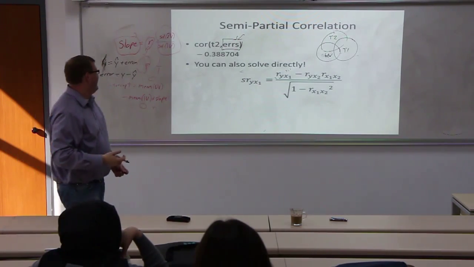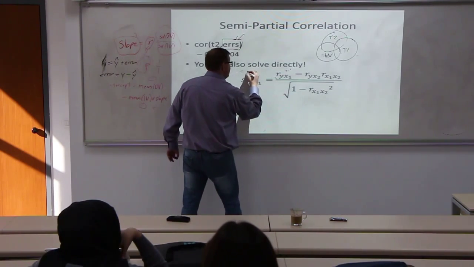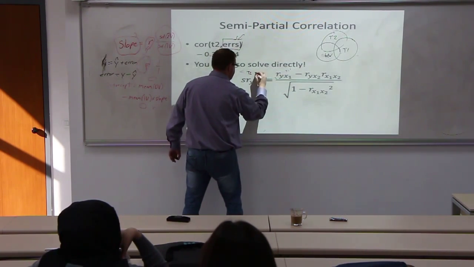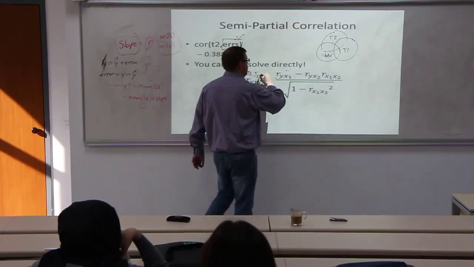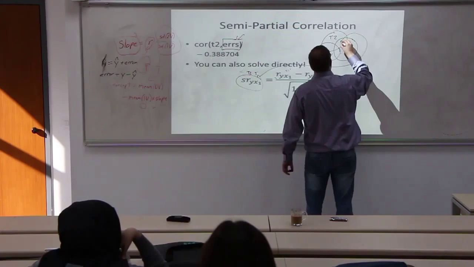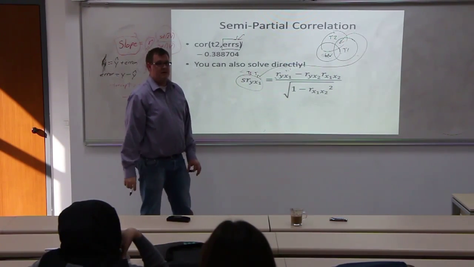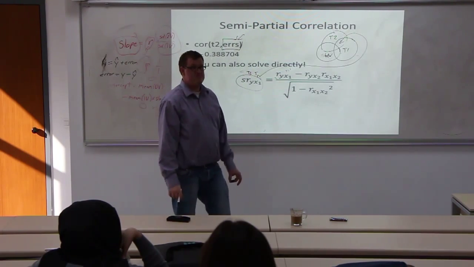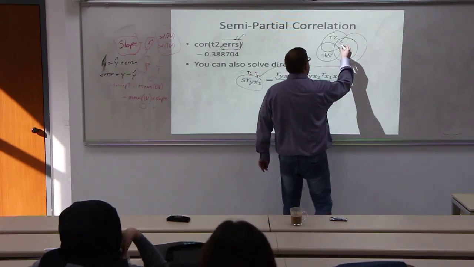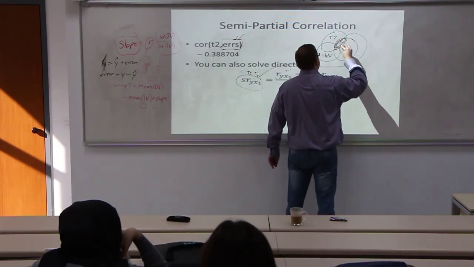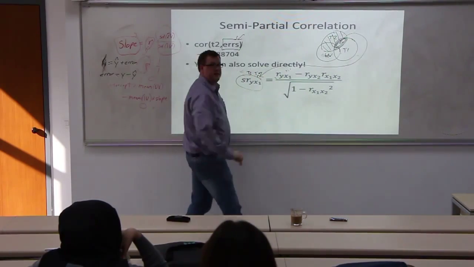Yes. Okay. So what this tells us, so this is test 2 and test 1, right? So this is this small part. It's telling us this as a proportion of that if we square it.